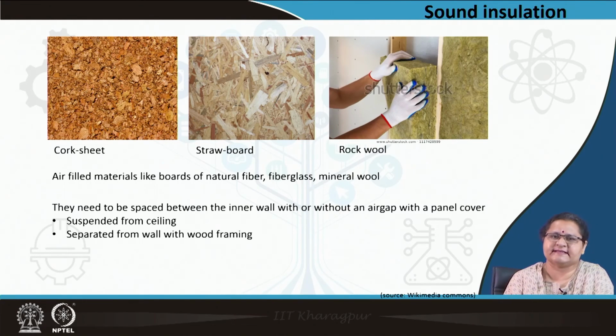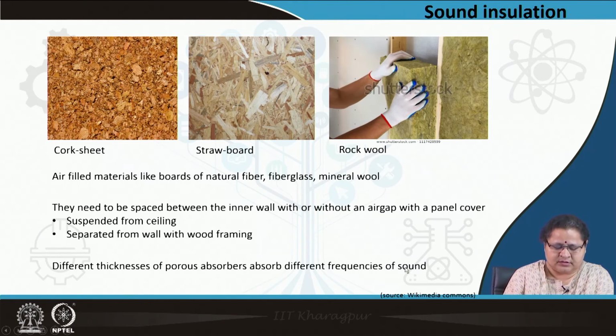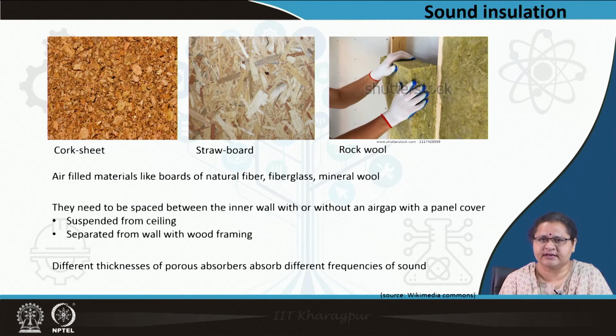So, in all cases they will be absorbing sound, but of different frequencies. So, you see the summarizing line: different thicknesses of porous absorbers absorb different frequencies of sound, and again different distances between the inner side of the wall and the material also help in different frequency absorption.